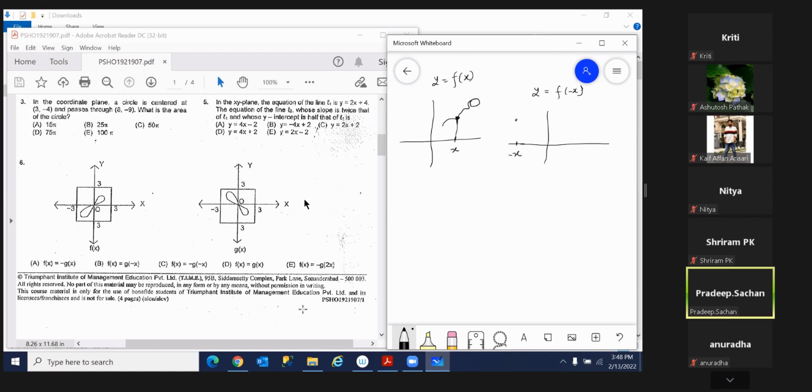Now, if somebody draws a mirror image like this, a mirror image across the x-axis, then we will say whatever value it was taking at x, suppose it was taking a positive value at x, now a similar negative value it has to take at x. So we say this will become the function of minus of f(x).